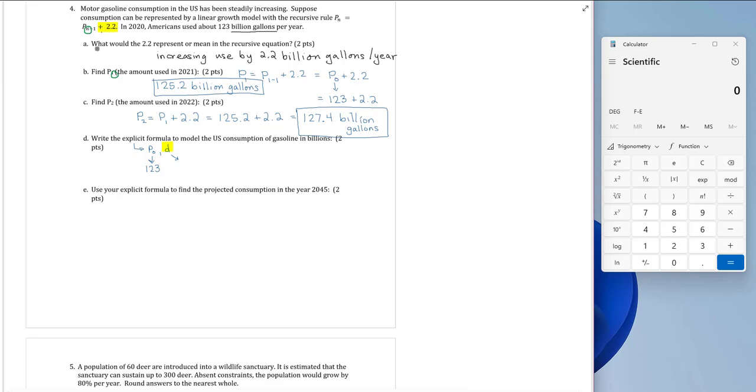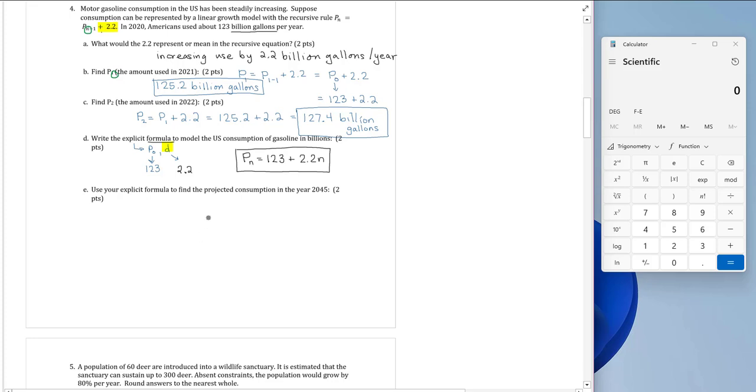So D is also given to us as 2.2. So now I'm going to take this information, look on your sheet on the back if you need to, and find that the explicit linear formula would be P sub n is equal to P sub 0, or 123, plus, what is it increasing by? 2.2 every year, so times it by the years, or n. And keep it an n, because again, I'm looking for a generic formula.